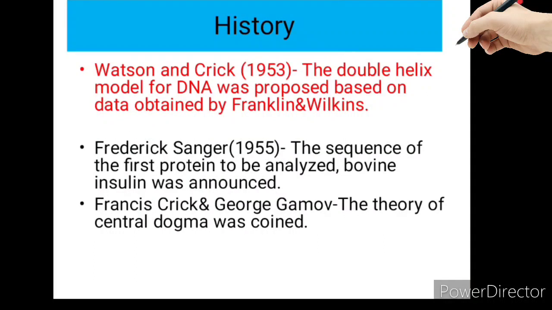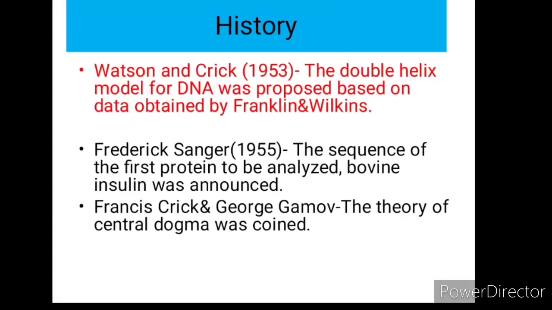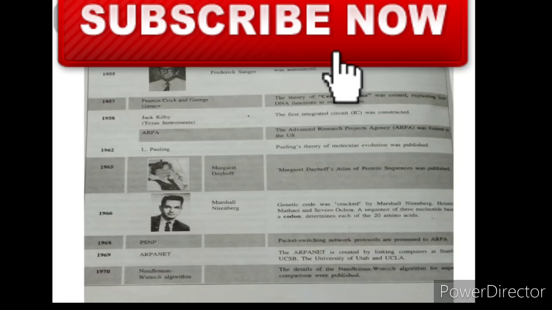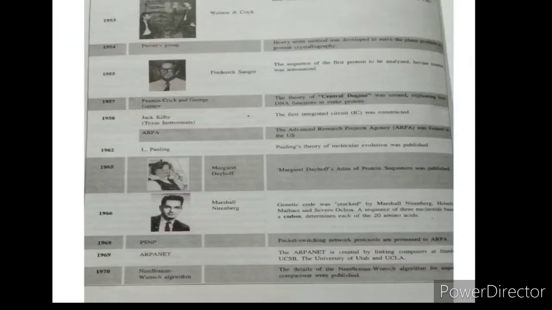In 1953, the double helix model for DNA was proposed based on X-ray data obtained by Franklin and Wilkins. In 1954, the heavy atom method was developed to solve the phase problem in protein crystallography. The central dogma was coined, explaining how DNA functions to make protein, and it was discovered by Crick and Gamow in 1957.